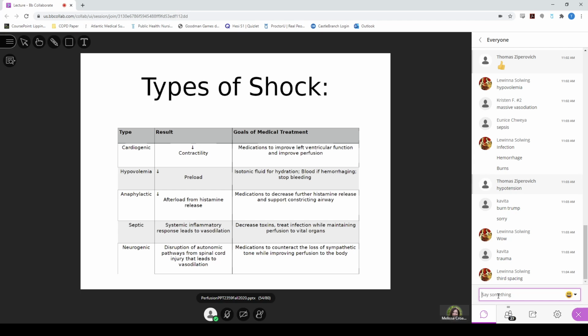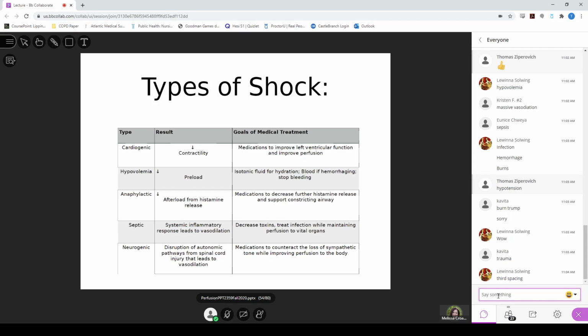So hypovolemic shock is treated just by giving them volume back. So you've got to replace that blood volume that they lost. So you either do that with blood transfusions or some type of volume expanders. And you always want to give them more oxygen. And just think about, why would you give them more oxygen? What happens when you lose blood?